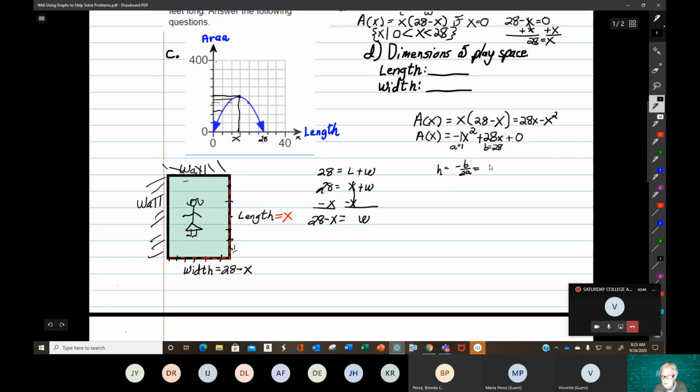Okay, that'll be negative 28 over 2 times negative 1, which will be negative 28 over negative 2, which is positive 14. So this is 14 feet.